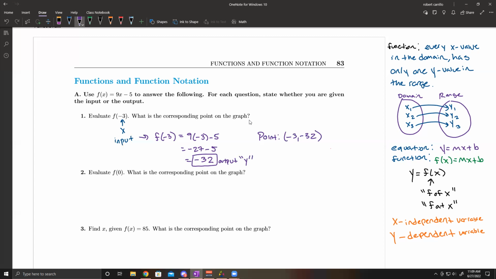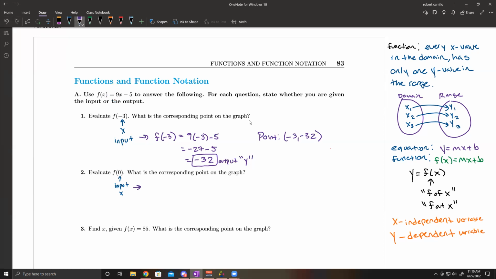Okay, let's try it again. Number 2, same thing. Evaluate f of 0. So 0 is the input. That's our x value. We're going to take 0 and plug it into that function above for every x.